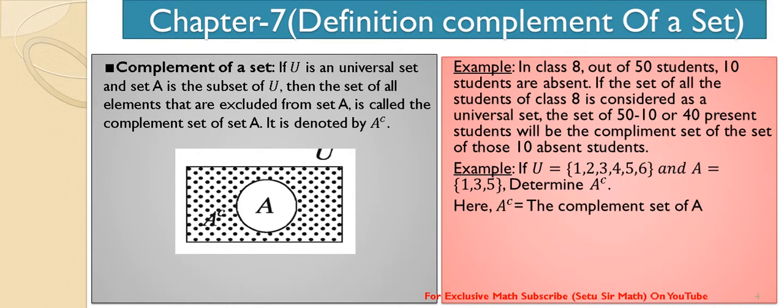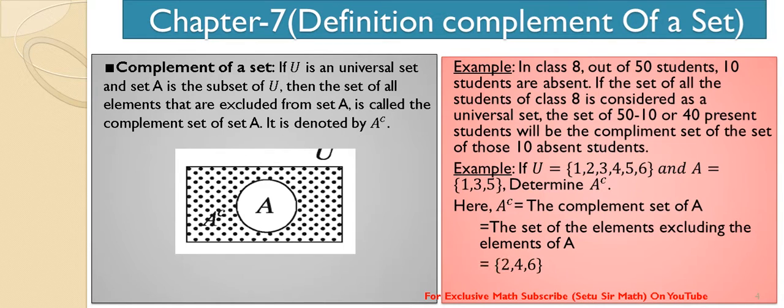Here A to the power C equals the complement set of A, the set of the elements excluding the elements of A. So the elements excluded from U are 2, 4, 6. So this is the complement of the set. That means here A equals 1, 3, 5, and we have to find the elements excluding the elements of A. That is the complement set.